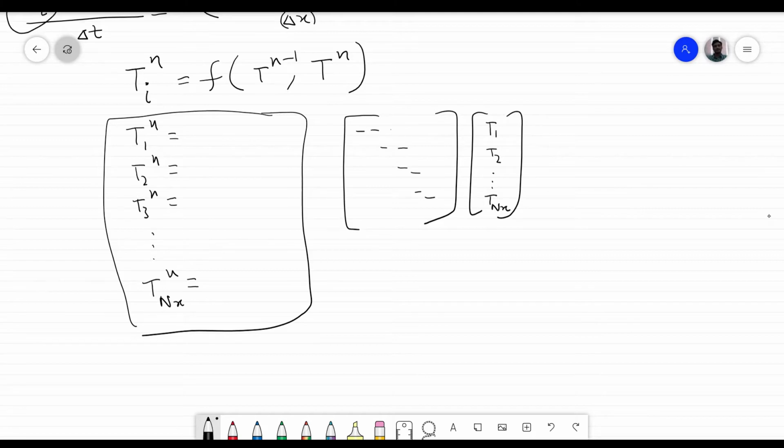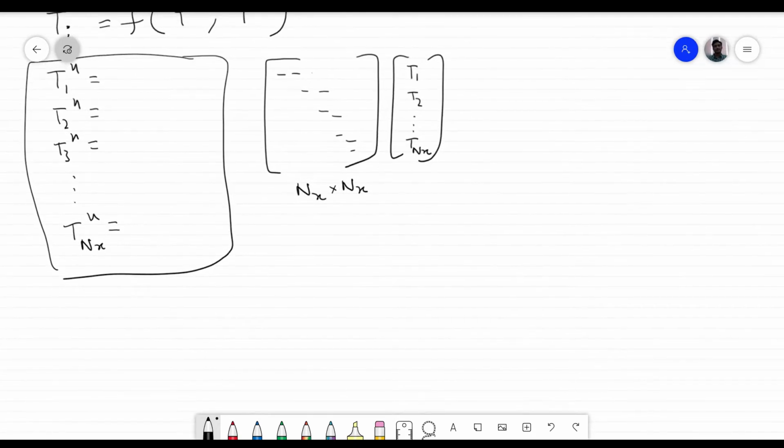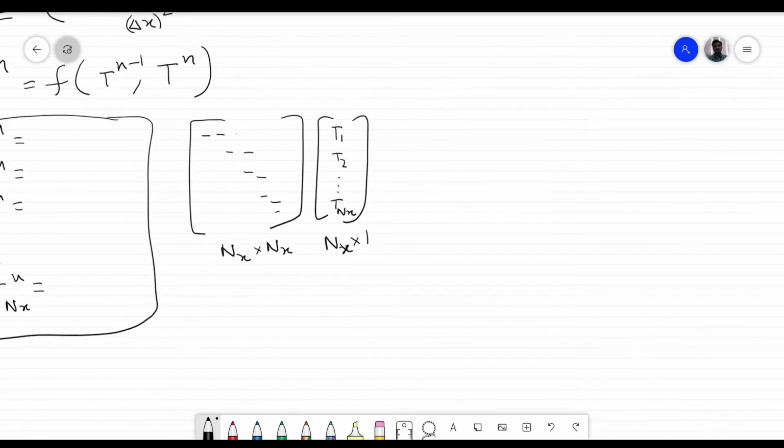Okay, what will be the size of this matrix? Nx by nx, and this is nx by 1. This is at n.